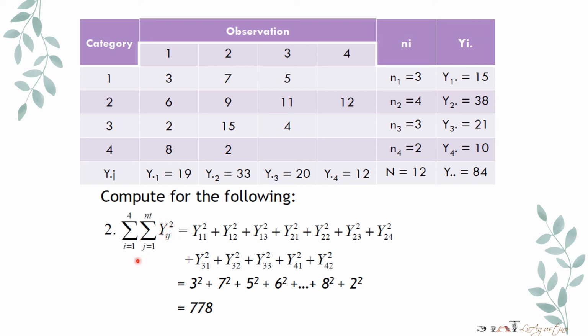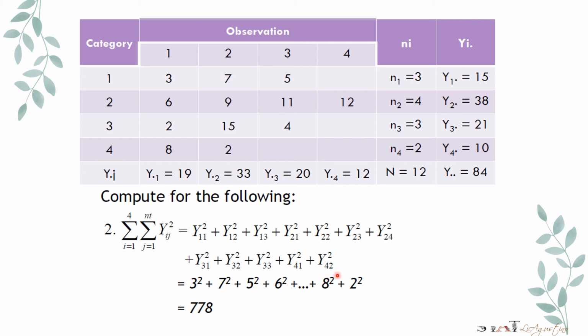So j is equal to 1 to ni, and i equal to 1 to 4. So all 4 categories. So here, y11 squared plus y12 squared plus y13 squared plus y21 squared plus y22 squared plus y23 squared plus y24 squared plus y31 squared plus y32 squared plus y33 squared plus y41 squared plus y42 squared.